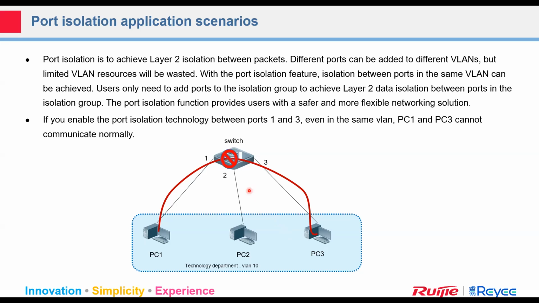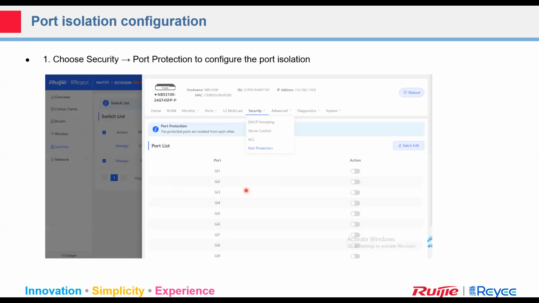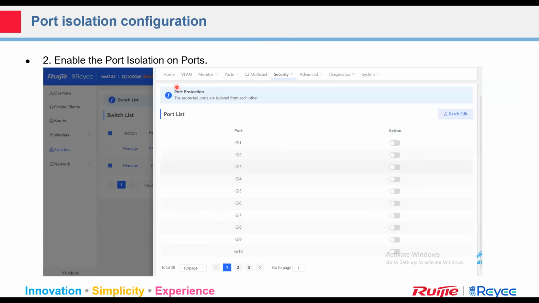So how do we do this? First of all, go to this NBS dashboard, click on the security menu, go to port protection, and you can enable the port isolation on whichever port you want to isolate.